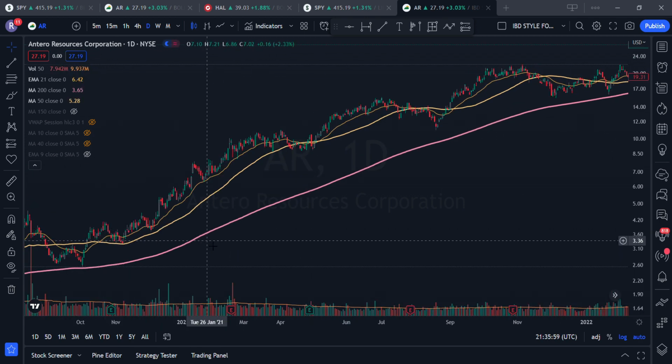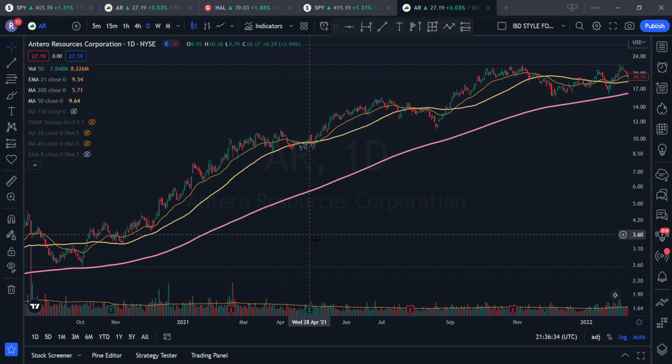So I have three moving averages on this chart. This one is the 200-day, this is the 50-day, and this is the 21 EMA. The 50-day and 200-day are simple moving averages, and the 21 is the exponential moving average, and these three are the most common moving averages used by a vast majority of traders, professionals and individuals alike.